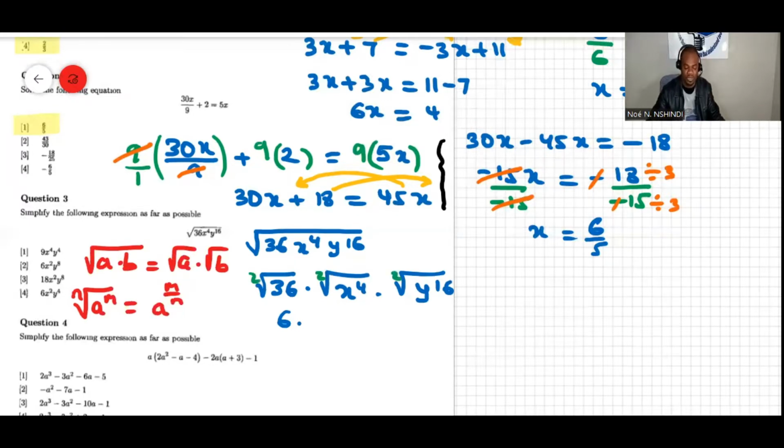So this will be x to the power of 4 over 2 times y to the power of 16 over 2. This will be just equal to 6x squared y to the power of 8. So that's alternative 2.